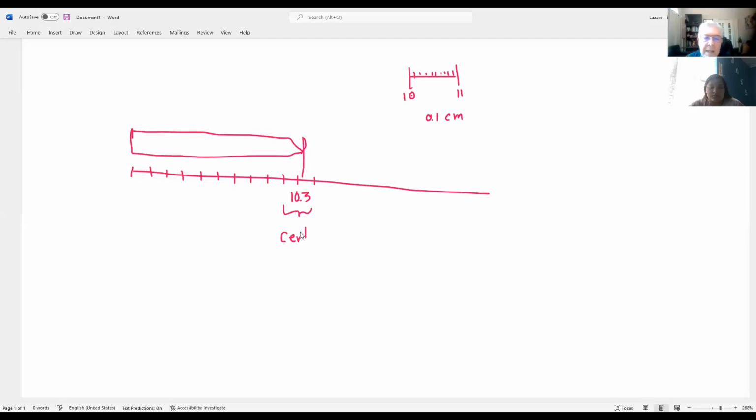But in every measurement, in chemistry, in physics, and in all the sciences, you're supposed to report an extra digit. This is what we call estimated.